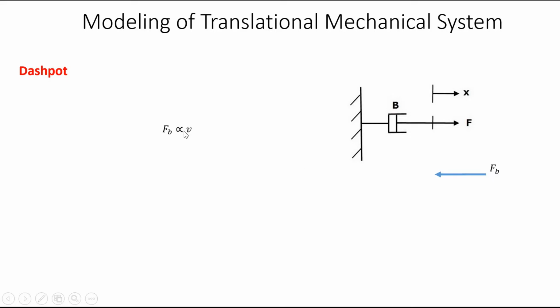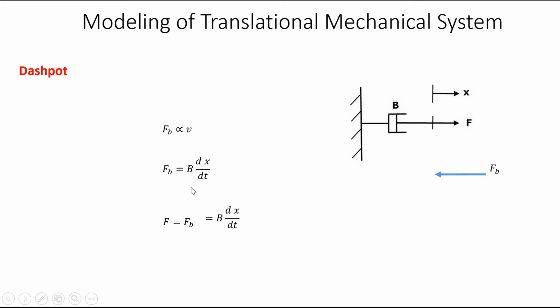So Fb is proportional to v. v is the velocity. Again velocity and x are related such that v is equal to dx by dt, the differential of displacement, and b is the coefficient of proportionality, so Fb equal to b into dx by dt. Again F equal to Fb, so it becomes b into dx by dt. So for the dashpot the equation is b into dx by dt.